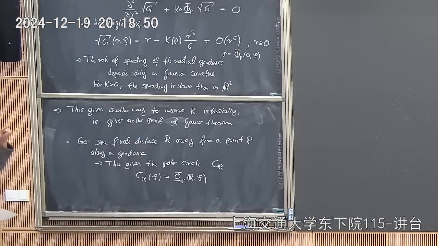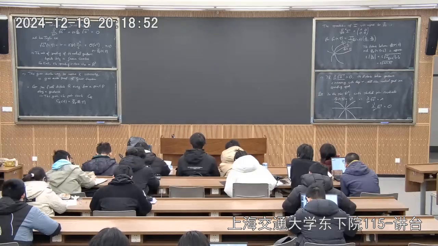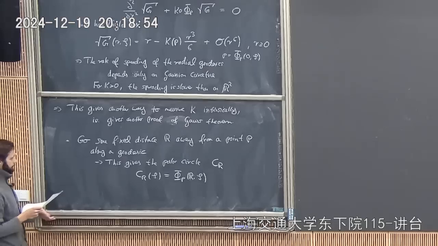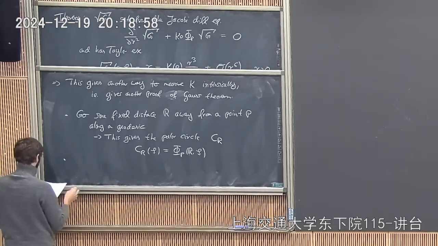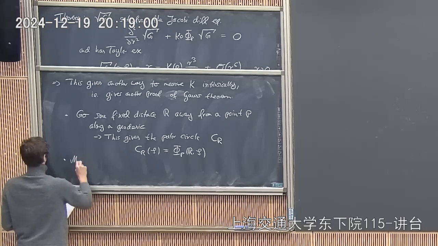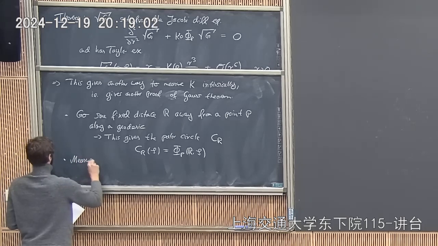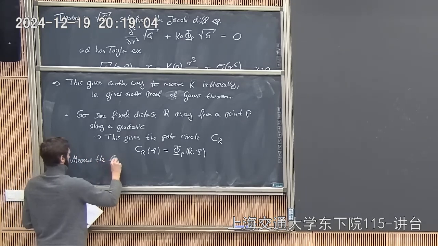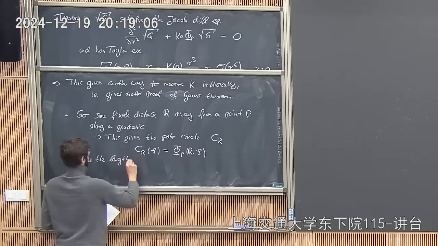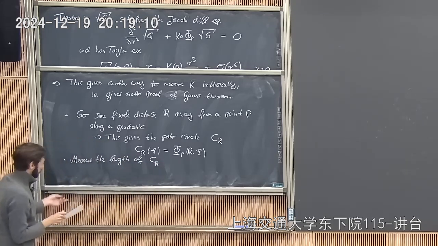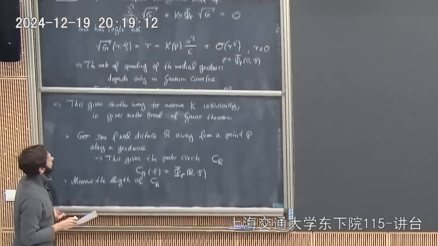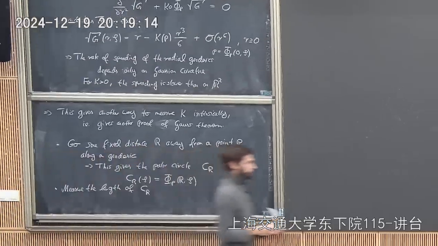So that's the circle that goes around at radius r, and then we measure the length of C of r. So let's do that. Then we can go home.